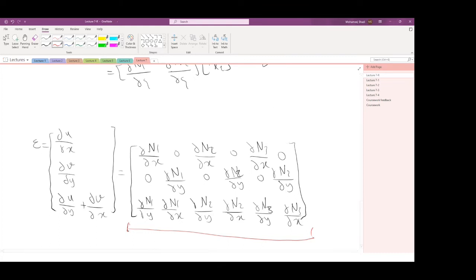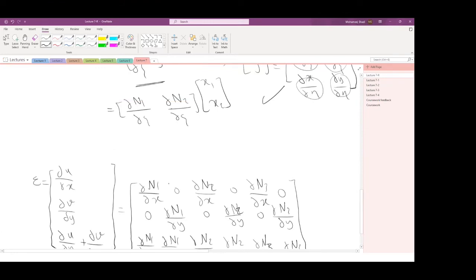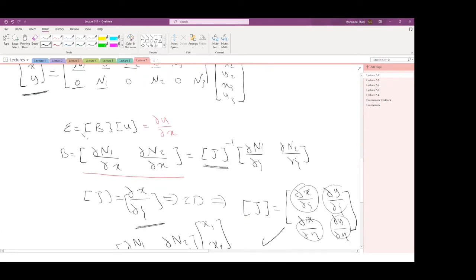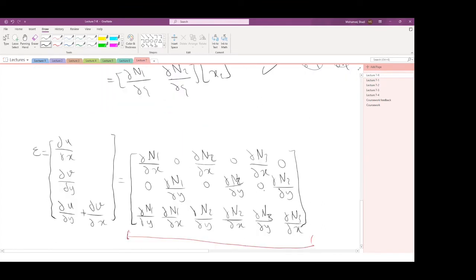And if you look into the strain, you will see that the strain is basically the B matrix multiplied by U. So in this case, you have U and you have V. So it is the B matrix multiplied by U1, V1, U2, V2, and U3, V3.